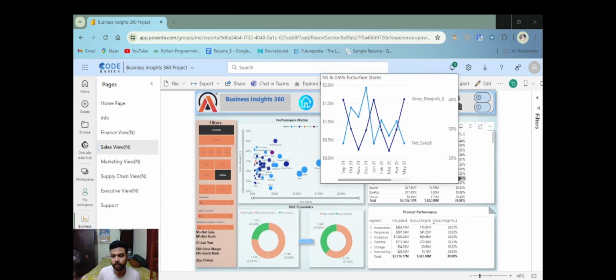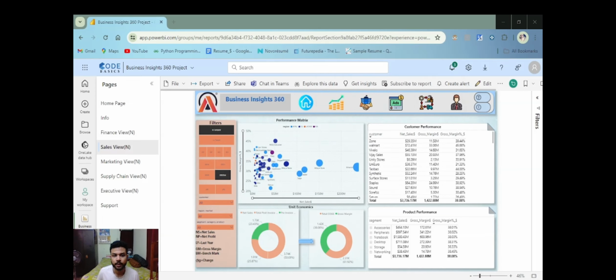When we hover over here, we can see a tooltip pop up which shows the trend of net sales and gross margin over time. It indicates which customer is giving us high and low gross margin return. Now, coming to the left side, we can see a scatter chart which indicates the performance matrix.